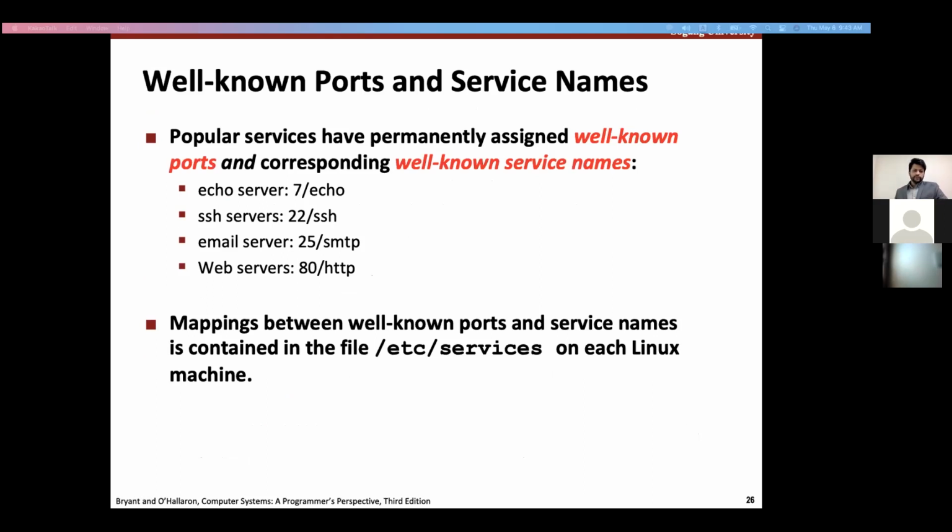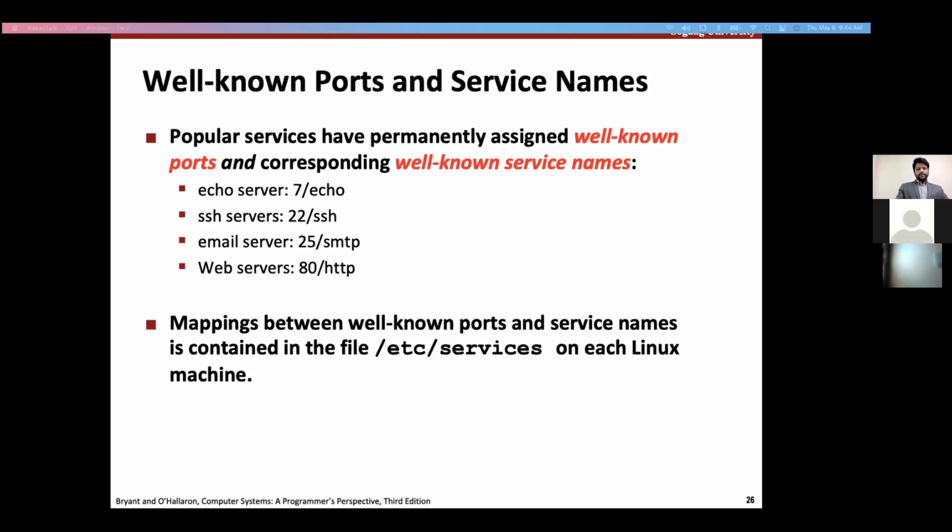For example, echo server port 7 is always used by the echo server, and SSH servers in the majority of cases use 22. For email services, SMTP usually uses 25. And for any web service you run, such as Apache Tomcat, JBoss, or WildFly, you will see in the browser you always type HTTP and port 80 is appended to it.